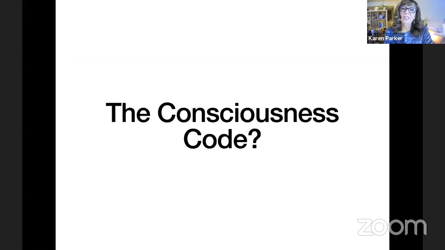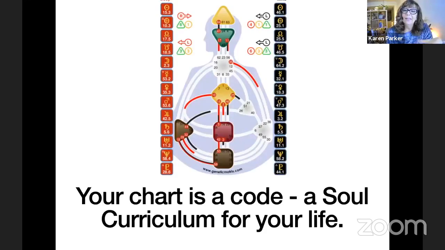The consciousness code, meaning part of the code that the chart brings you, is contained within the entire structure of the chart. So this chart, this is a personal chart. You all have your unique charts. Your unique chart has encoded in it your unique soul curriculum, if you will, the thing you are here to learn about and explore and master as people who are learning to be more in alignment with the light over the course of your life from birth to death.